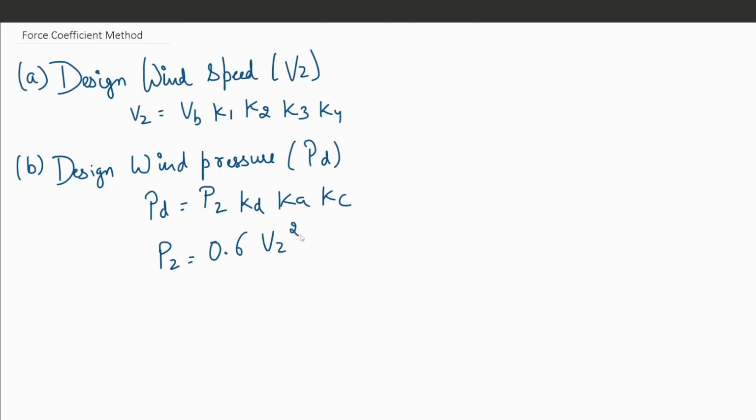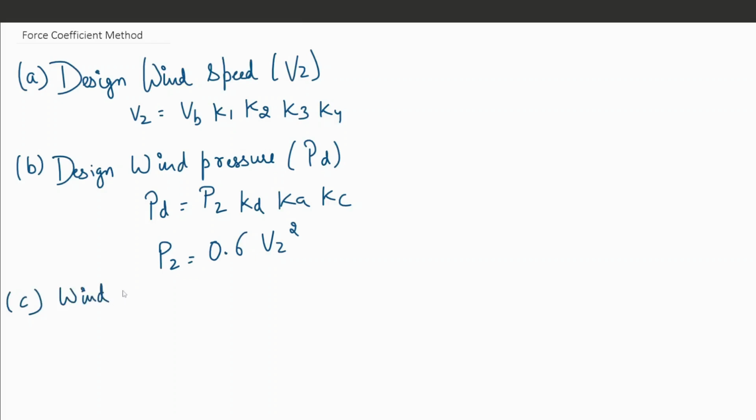Here Pz is your wind pressure at height Z, Vz is your design wind speed at height Z, Kd is your wind directionality factor, Ka is your area averaging factor, and Kc is your combination factor. The last step is to calculate the wind load.